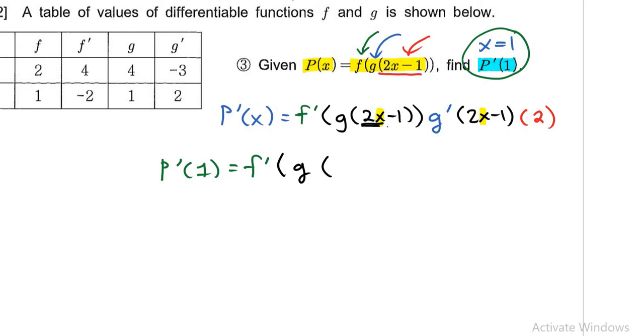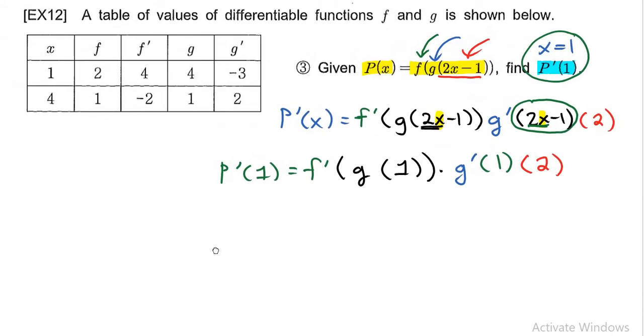So 2 times 1 is 2. And 2 minus 1 will give me a value of 1. And then this will be g prime. And once again, if I take a look at this expression right here, if I let x equal 1, I will have 2 times 1, which is 2, and 2 minus 1 is 1. And then the red 2 will remain at the very end.